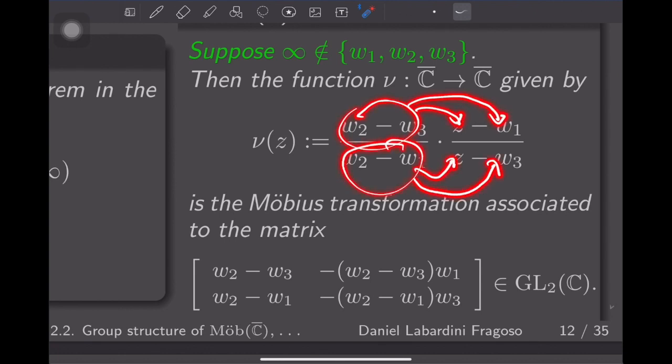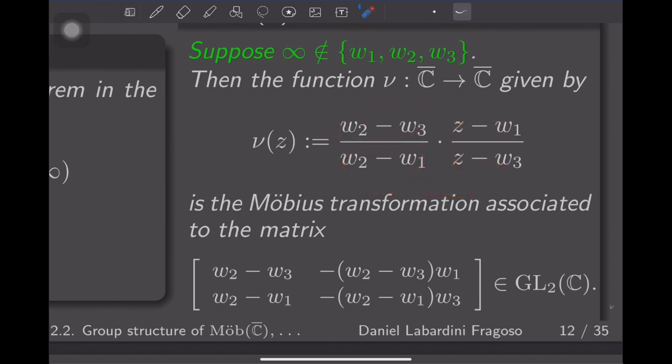It really looks like a Möbius rule. And what Möbius rule? Well, with Z, these two numbers, and without Z, is minus W1 times this, and here is minus W3 times this.